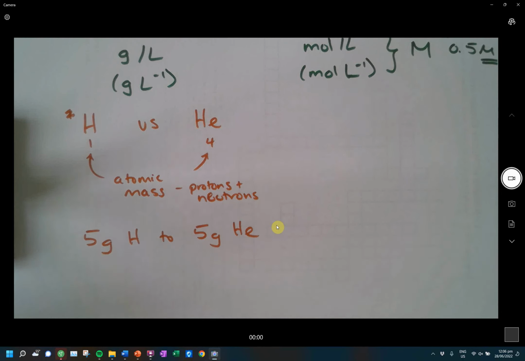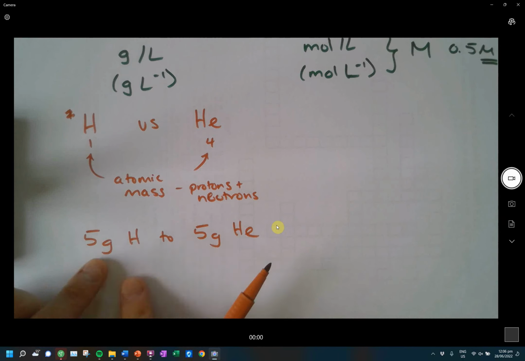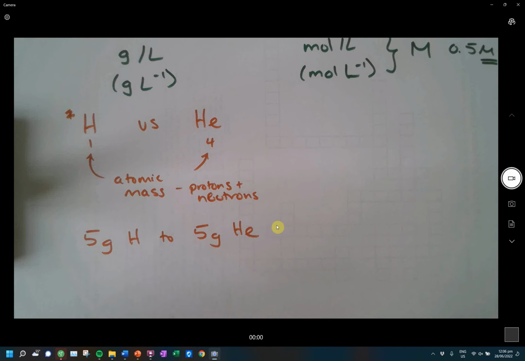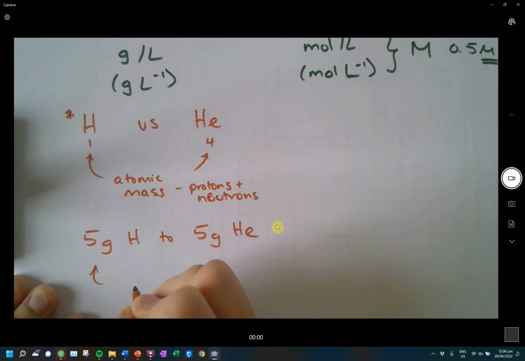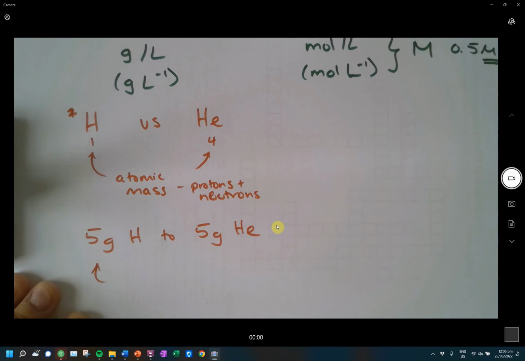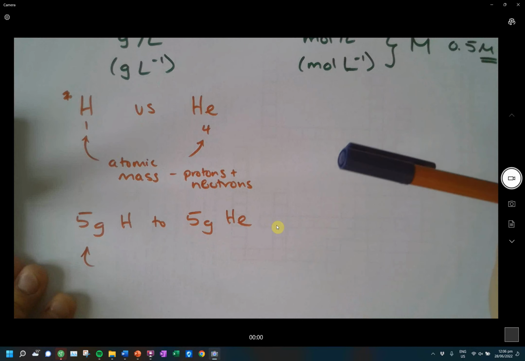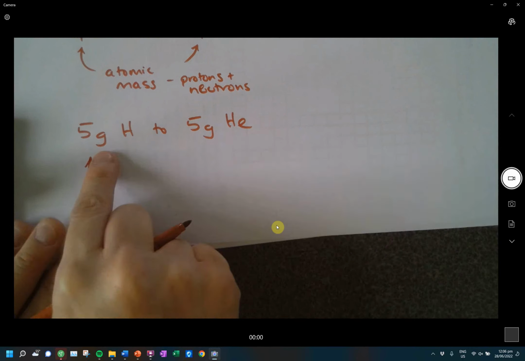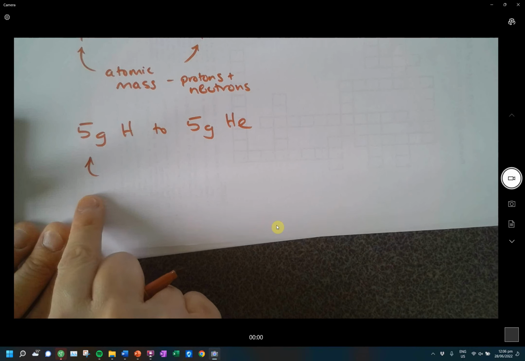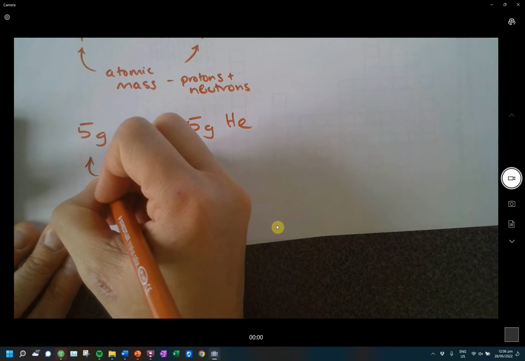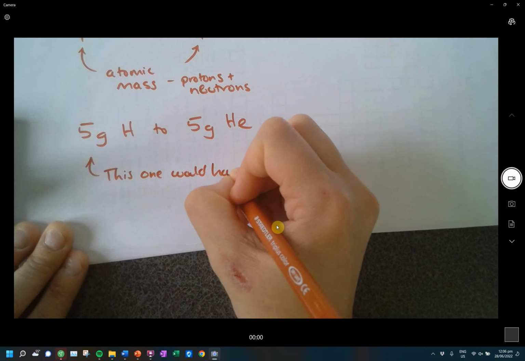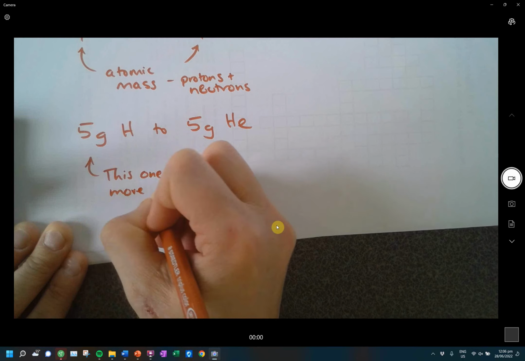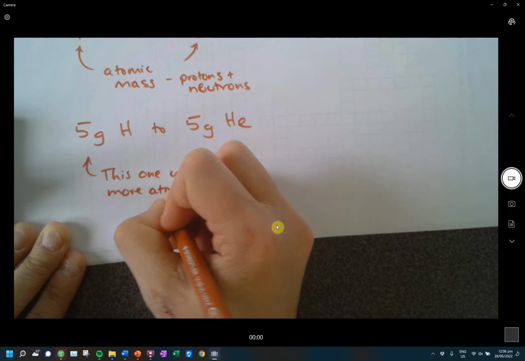Are you okay with that so far? Yes. Which one would have more atoms, do you think? Hydrogen, because it weighs less. So this would have more atoms because they're smaller. If I was doing 5 grams of each, this one would have more atoms because it's smaller.